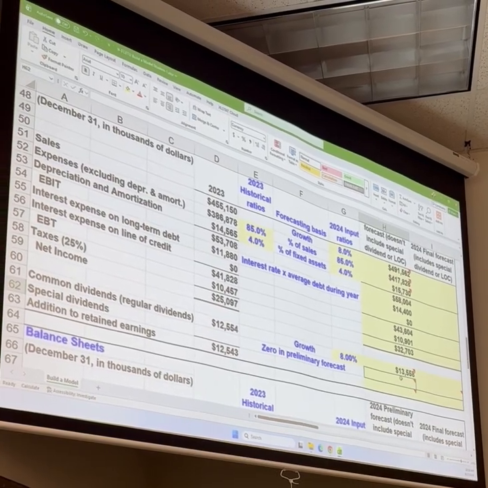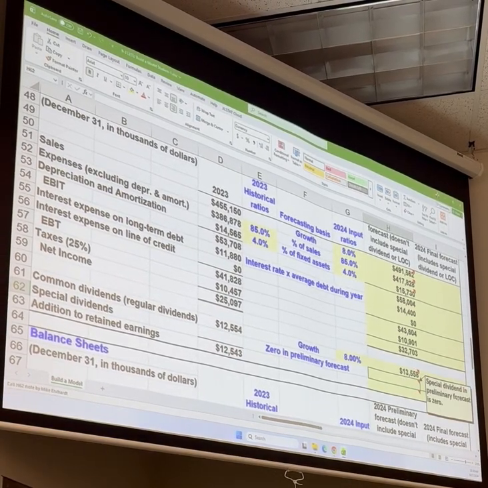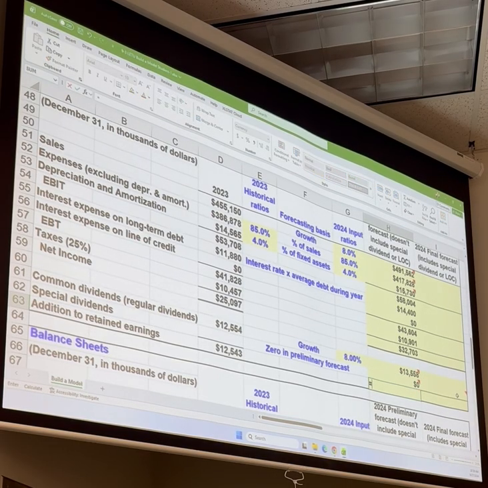All right, so our special dividends are 0 in the preliminary forecast. Okay, so our addition to retained earnings is our net income minus our common dividends minus our special dividends.